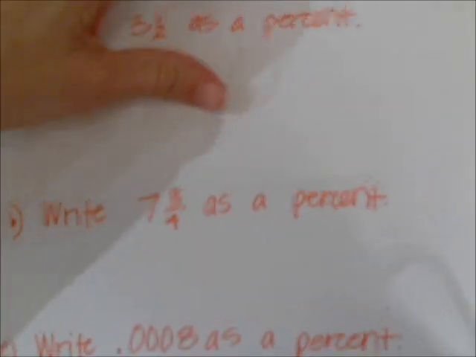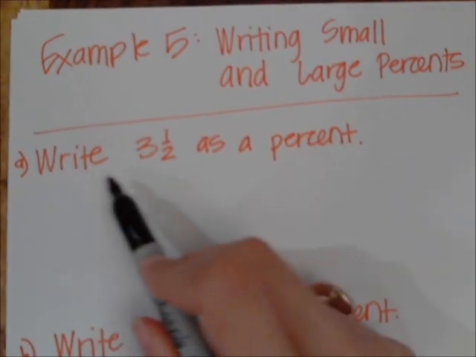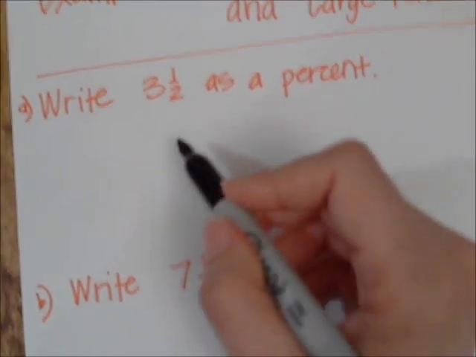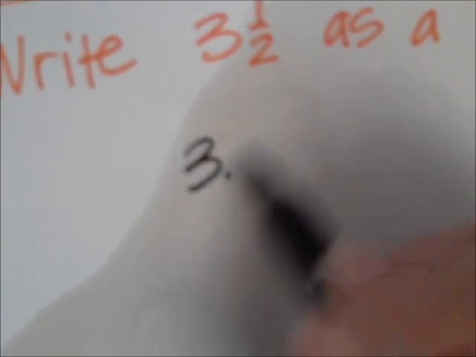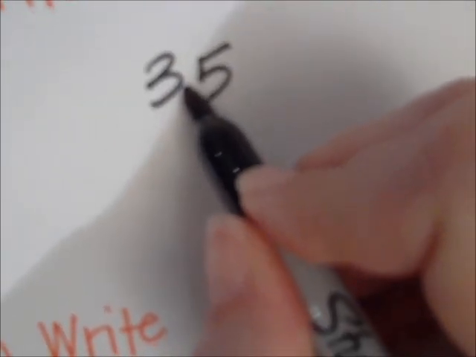Actually, let's write some small and large percents. In this case, we want to write 3.5 as a percent. I can simply move that decimal over 2 times to the right.